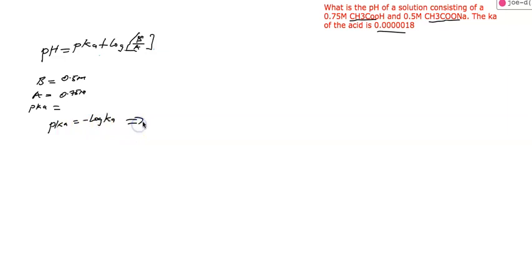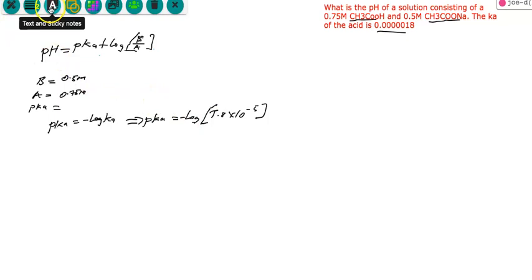This implies that pKa equals negative log of 1.8 times 10 to the power minus 5.